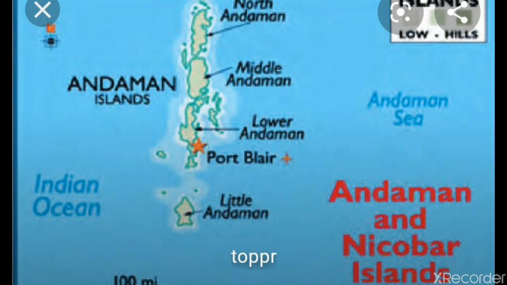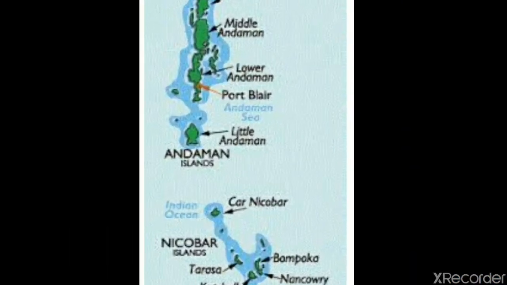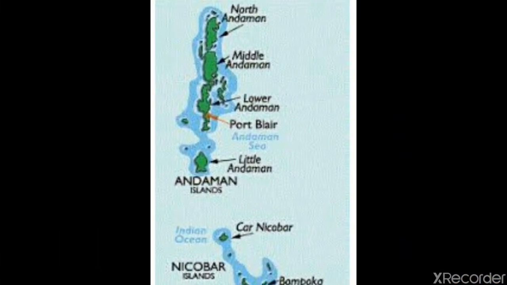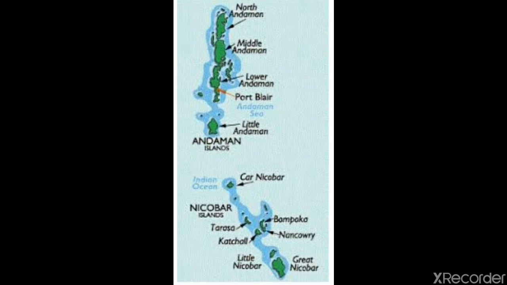Andaman and Nicobar are lying in the Bay of Bengal, whereas Lakshadweep Islands are lying in the Arabian Sea. Notice these groups of islands. The Andaman and Nicobar are two different groups of islands that we would be discussing in the further lecture.